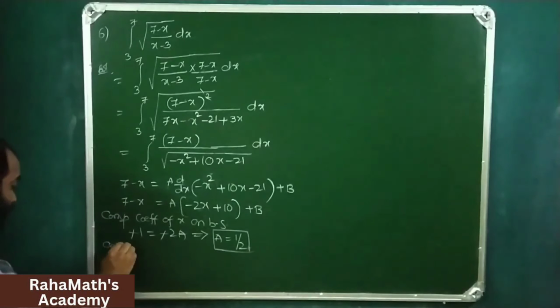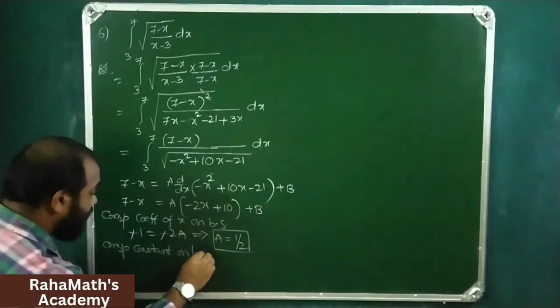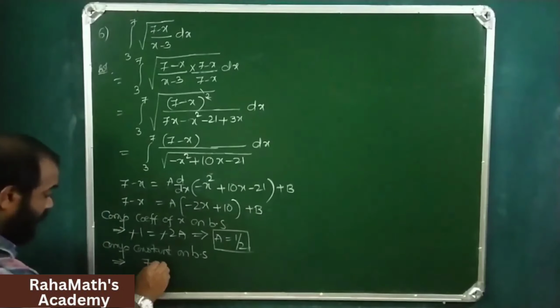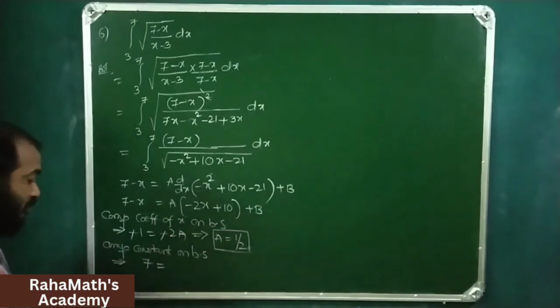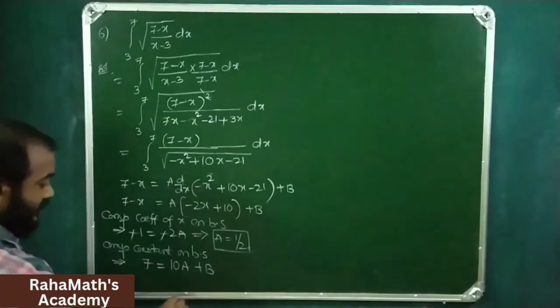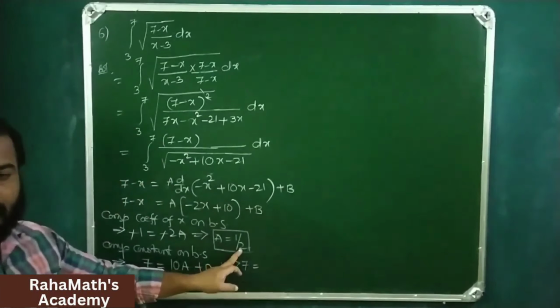Comparing constants on both sides, we are getting 7 is equal to 10a plus b, that implies 7 is equal to 10 into 1 by 2, 10 by 2, so 5 plus b. Therefore b is equal to 7 minus 5, which is 2.